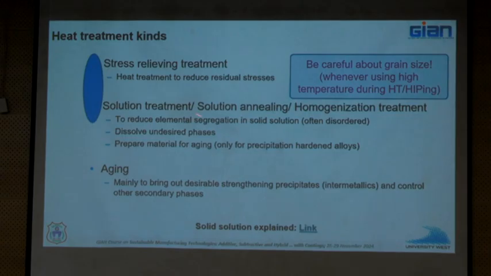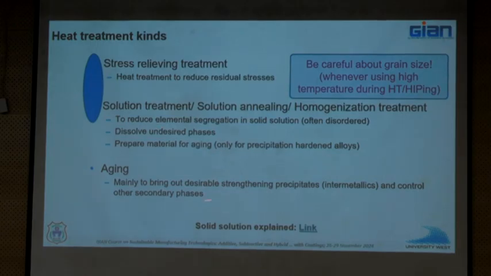One of them is solutionizing treatment, also known as solution annealing or homogenization, where the idea is to ensure that any elemental segregation that has happened during building is nullified. You want to dissolve undesired phases like Laves and delta phase that I spoke about, and prepare the material for aging which follows.